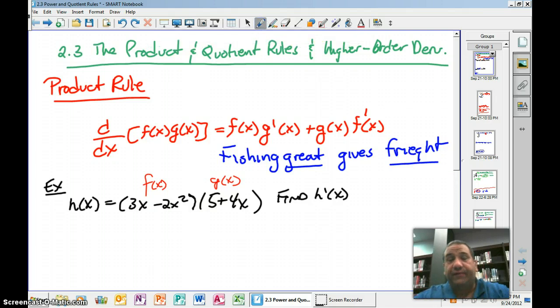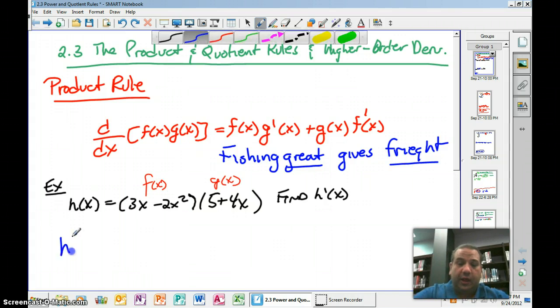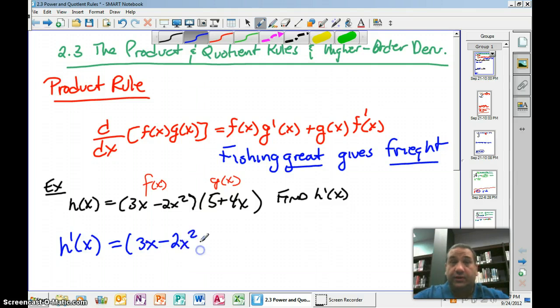Alright, right here I've got two functions. h of x is equal to 3x minus 2x squared times the quantity 5 plus 4x. So we're going to find h prime of x. H prime of x says first times the derivative of the second, which would be just 4.